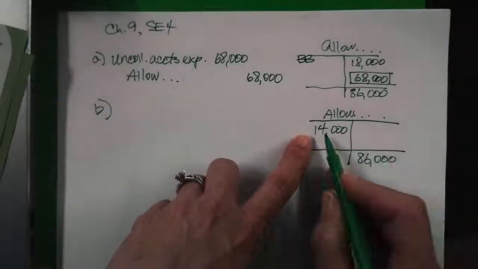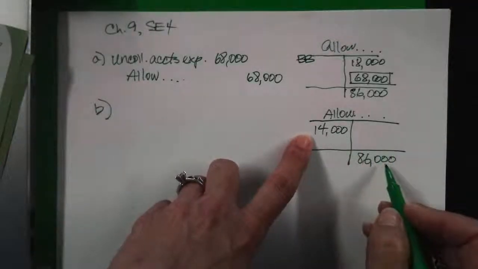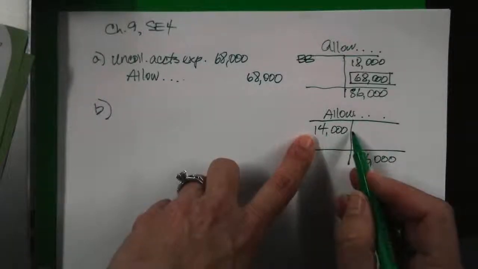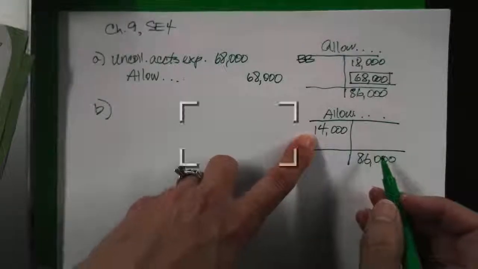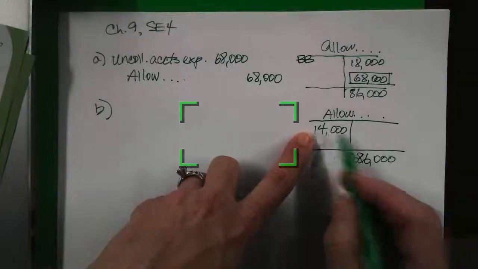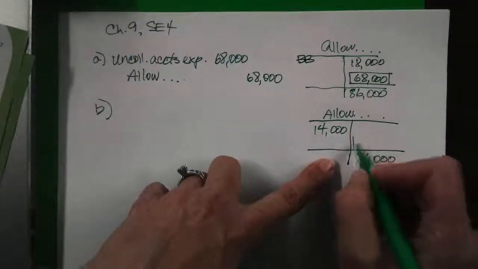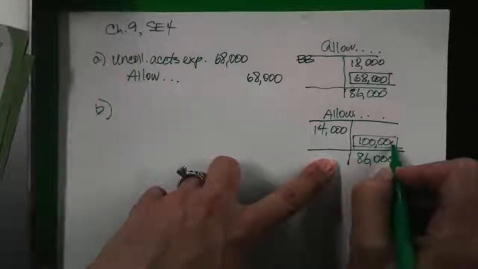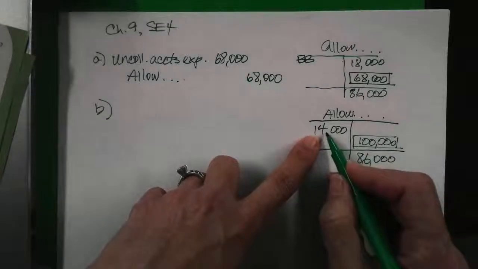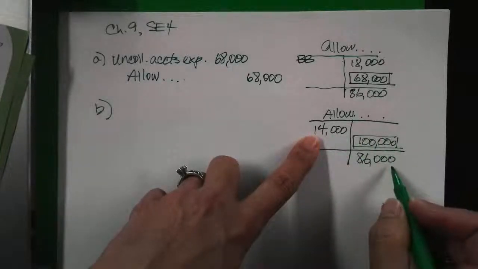So I'm going to have to make a bigger adjustment because $14,000 would just get me to zero, and then I've got to get on to $86,000. So $14,000 plus $86,000 means that I would have to credit $100,000 to get a debit of $14,000 to a credit of $86,000.